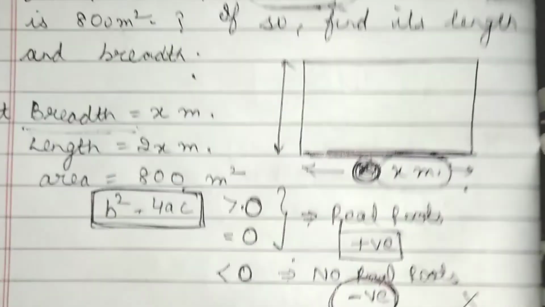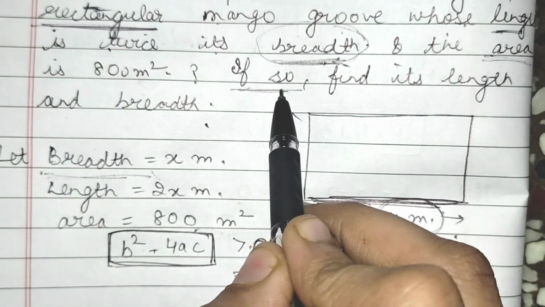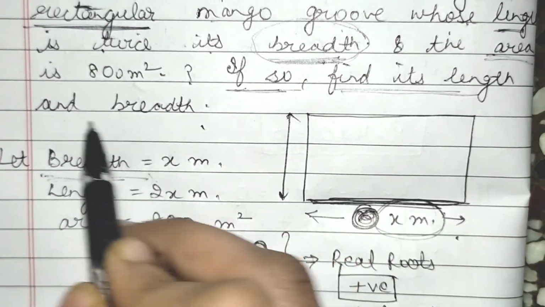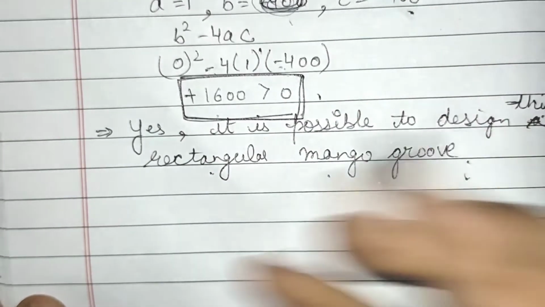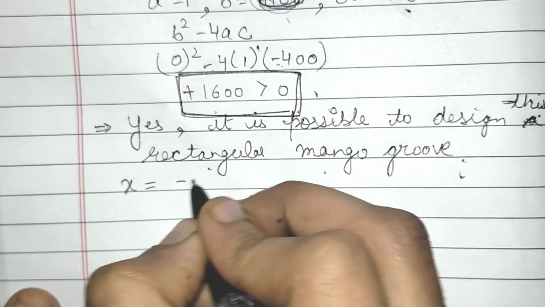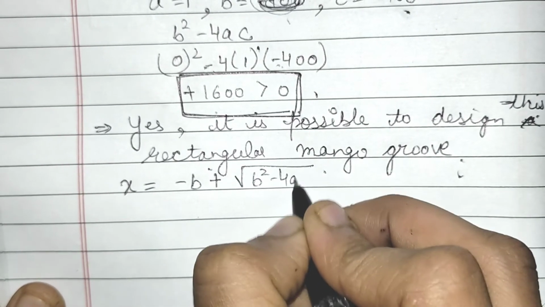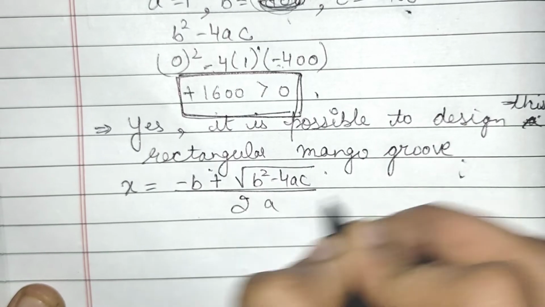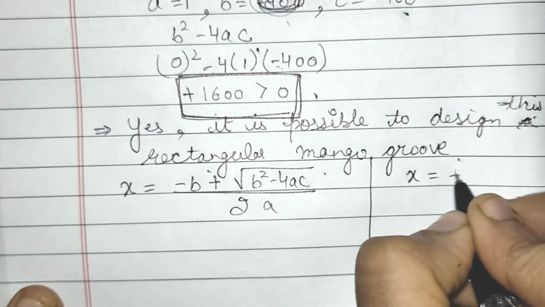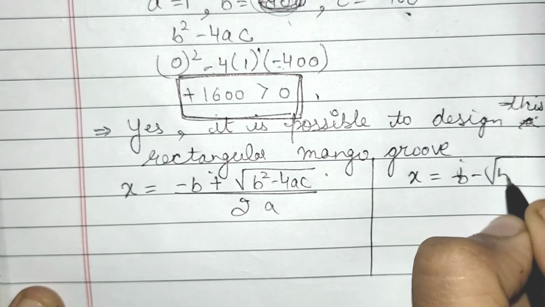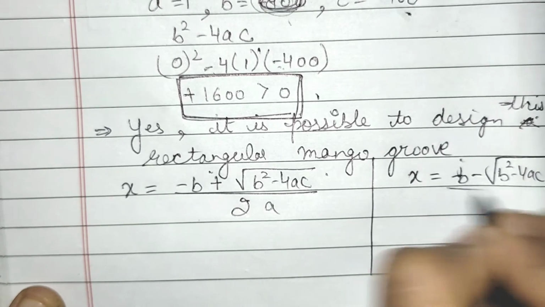So next, what does the question say? If it is possible, then find its length and breadth. I think you can find the length and breadth by yourself. You have to put the values simply in this given equation and find the roots, and those values will be your length and breadth.